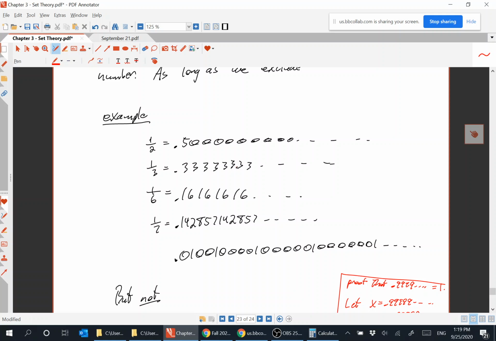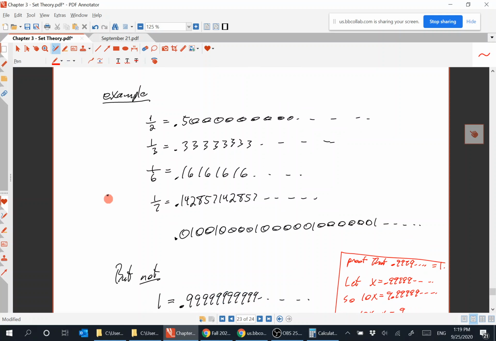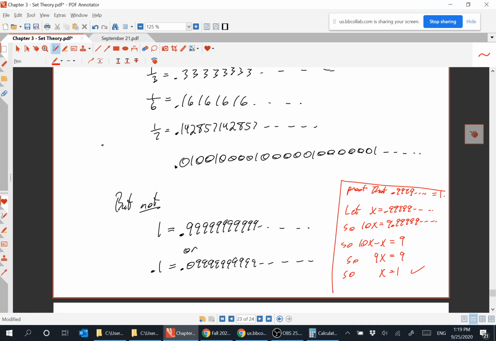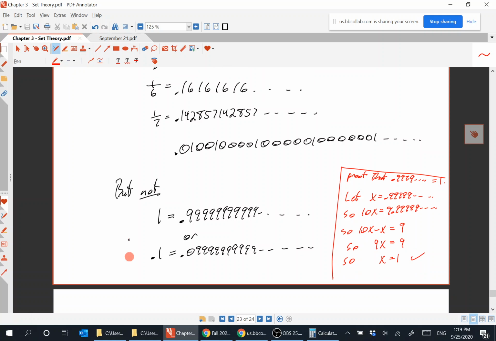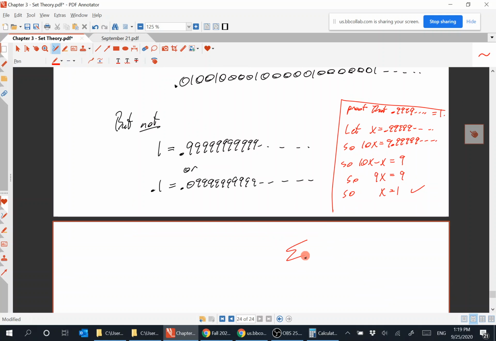There's different ways to do it, and that's one of the most straightforward ones. There's another proof using infinite series, since you all took Calc 2 already. Like the geometric series, the sum n equals 1 to infinity.